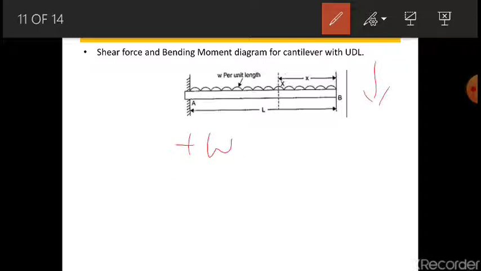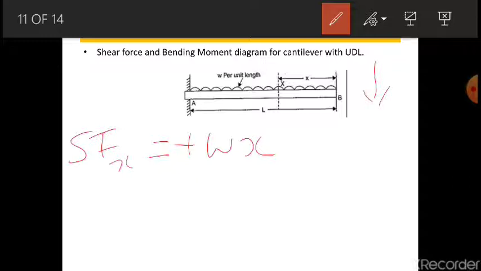We are calculating for x distance, right? So it will be plus W into x, that is the shear force at x. This will be our formula for shear force about the section XX.